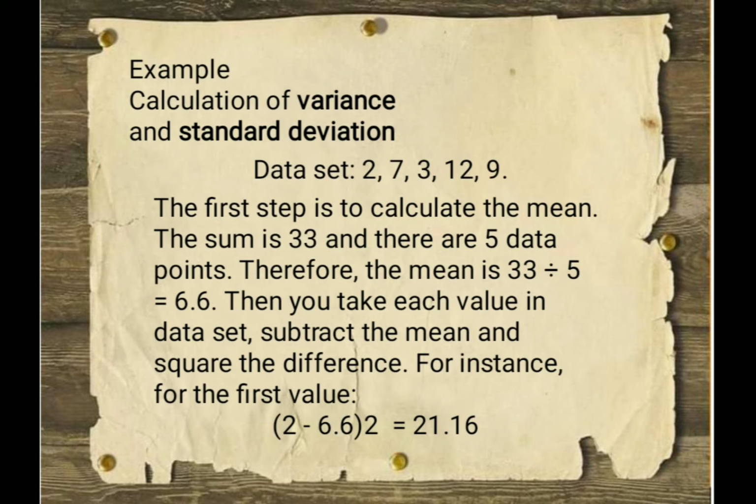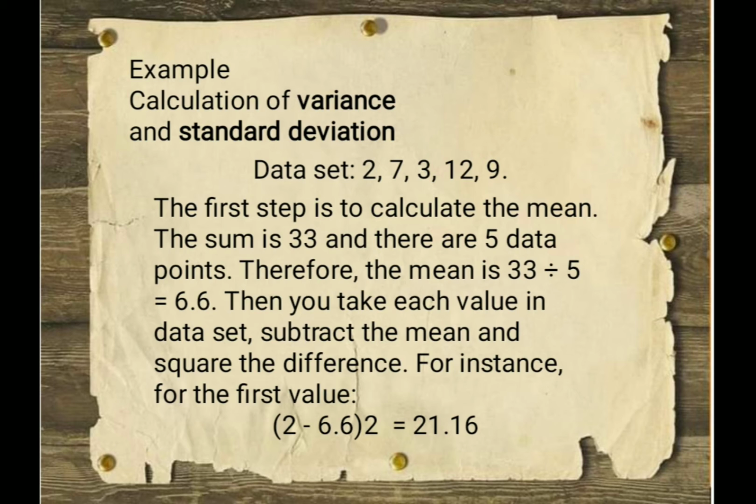So we have here the example for calculation of variance and standard deviation. Let's calculate the variance of the following data set: 2, 7, 3, 12, 9. The first step is to calculate the mean. The sum is 33 and there are 5 data points. Therefore, the mean is 33 divided by 5, which is equal to 6.6.